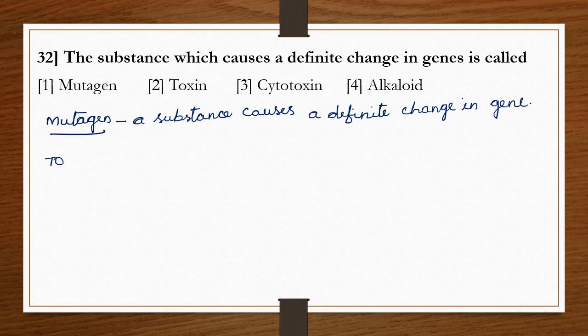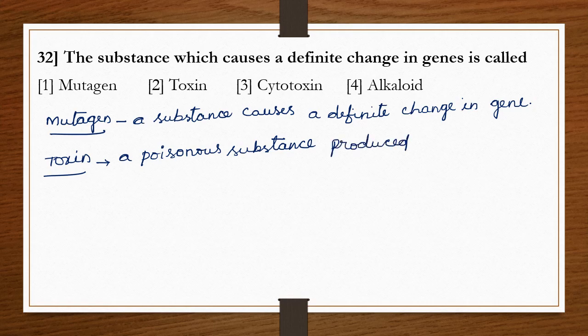Toxin. So what is meant by a toxin? A poisonous substance produced within living cells is called toxin.